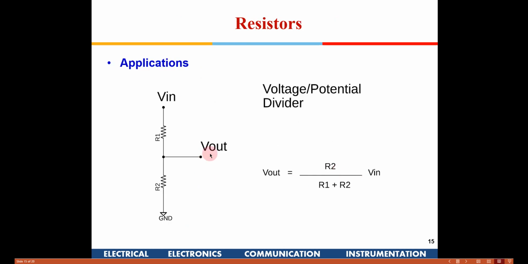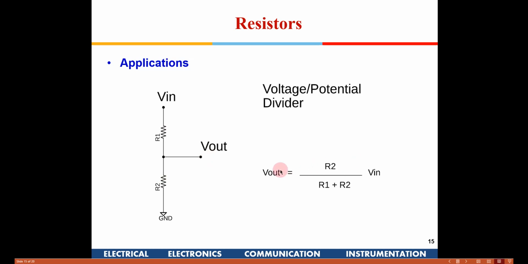Now let's see some of the applications of resistors. Suppose I have a 9-volt system and I just want 4.5 volts. To get 4.5 volts from 9 volts, I can use two resistances like this and get the desired voltage out here. If R1 and R2 are the same, then I will get exactly half of it.